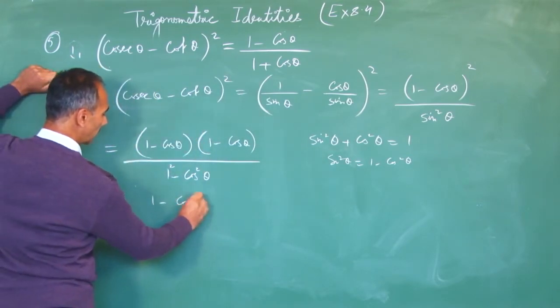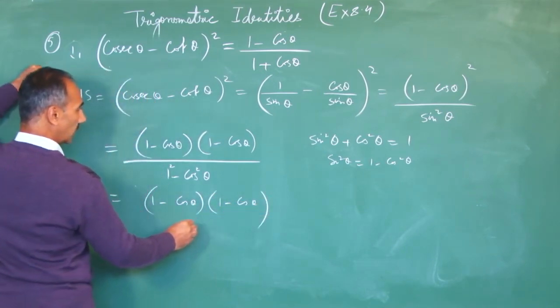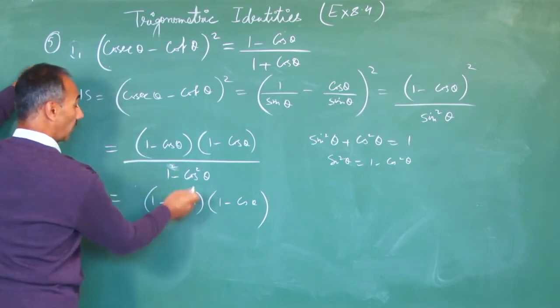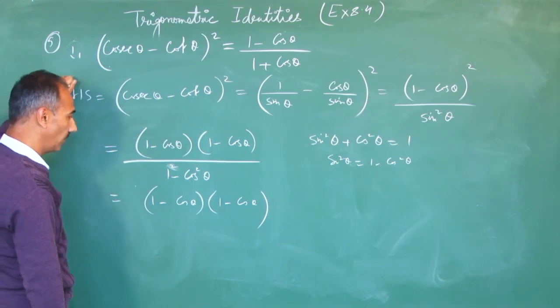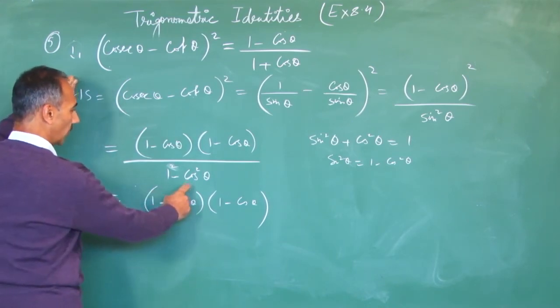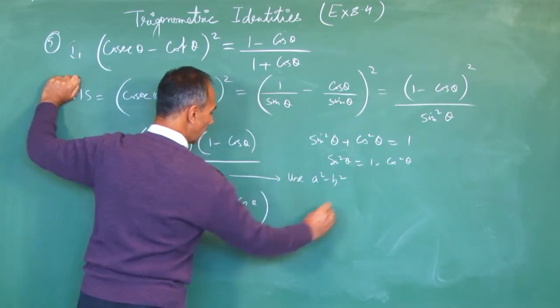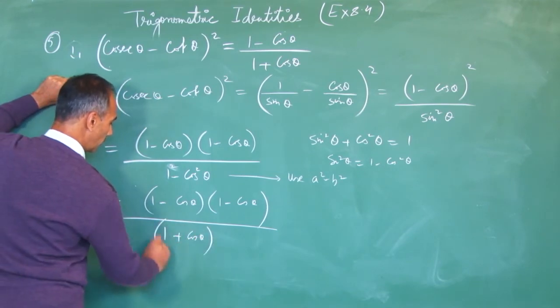The numerator will remain as it is, 1 minus cos into 1 minus cos. My dear friends, this 1 is 1 square. Taking it as 1 square, I will be using the result a square minus b square in the denominator. That is a plus b into a minus b.